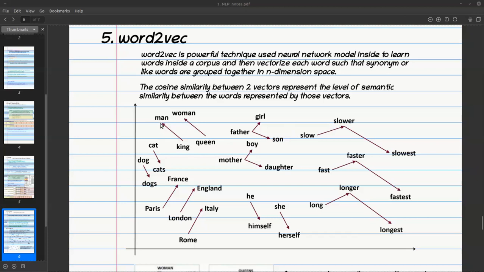The same relationship between king and man is there between queen and woman. So these two vectors would be pointing in the same direction, with very high similarity.